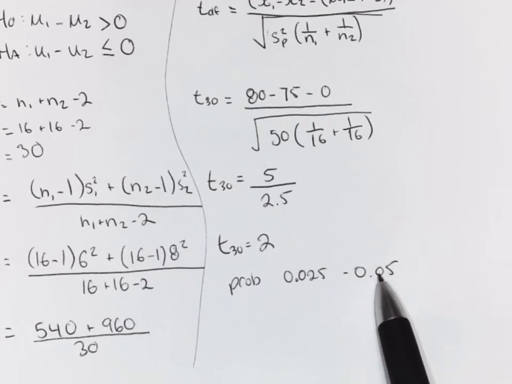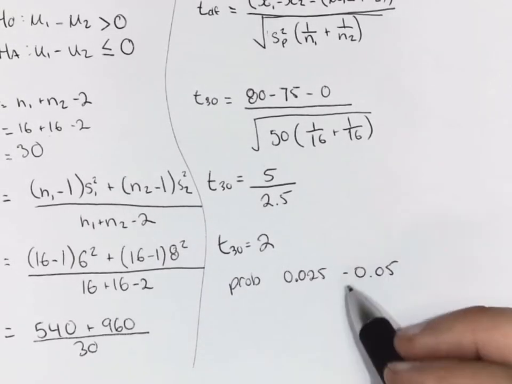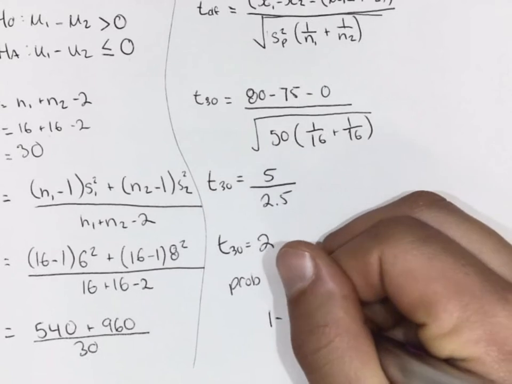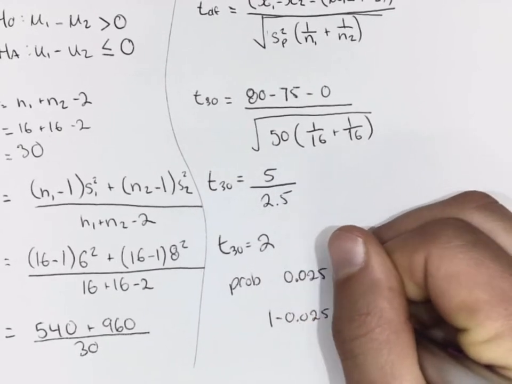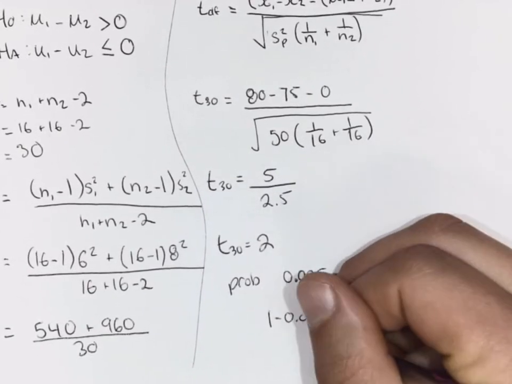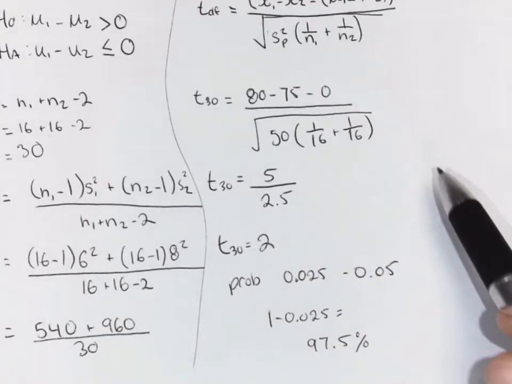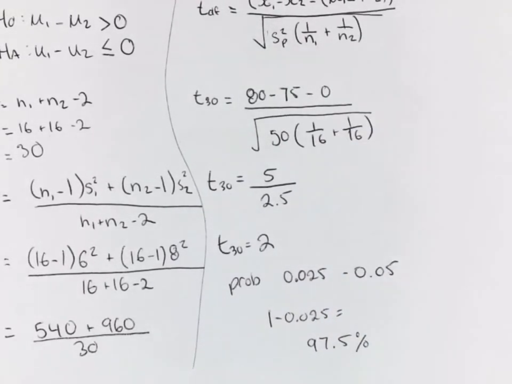So this would be the probability that it is less than. So what we would need to do is subtract this from 1. Let's take it from the small amount, and we have a 97.5% probability that the information would fall in there.